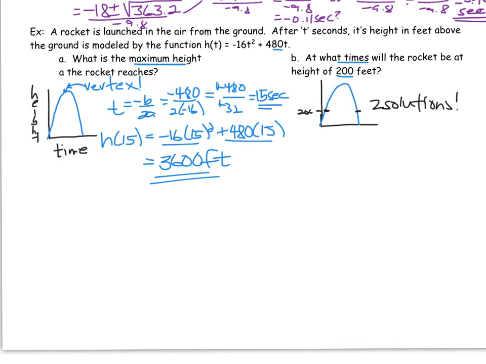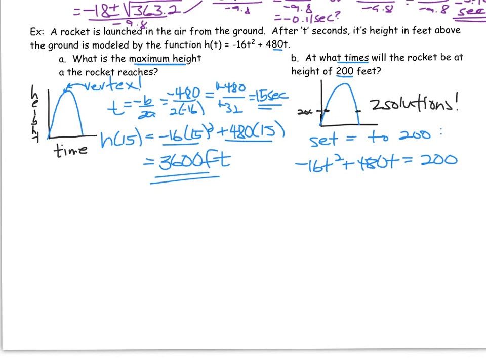How do we get that? Well, we're going to set the equation equal to 200, because that's the height that we want it to be at. So we'll say negative 16t squared plus 480t equals 200. Anytime we're asked to solve, we had a rule back in the first part of this chapter.